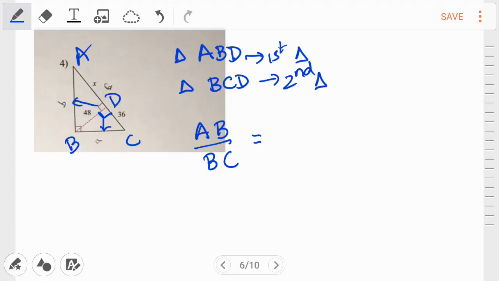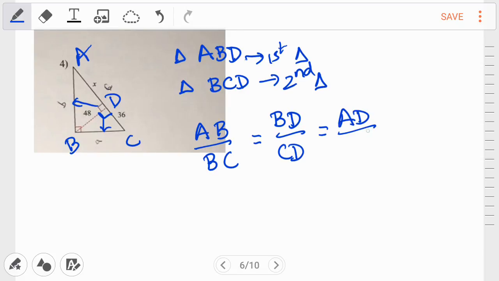The short leg of the first triangle is BD. The short leg of the second triangle is CD. The longer leg of the first triangle is AD, and the longer leg of the second triangle is BD.